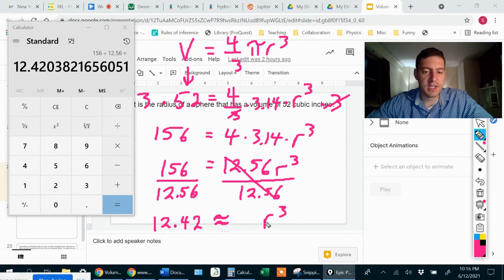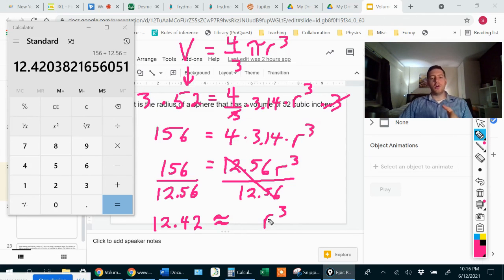In order to get rid of this exponent here, we would have to take the cube root. So r is not equal to 12.42. R to the third power is 12.42. So r times itself 3 times is equal to 12.42. So we have to think of a number such that when we multiply it with itself 3 times, we get 12.42. We're not going to think of that off the top of our heads. We would use a calculator for that.